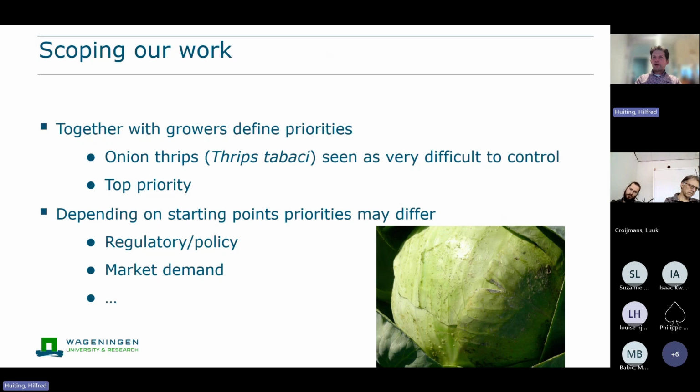So then that's top priority. Whereas if they would have no pesticides at all, that would be different, that would lead to different prioritizations. So it depends on your starting point there, but for us this was a given, and that also trickled down in the work that we did within the ADOPT-IPM project.